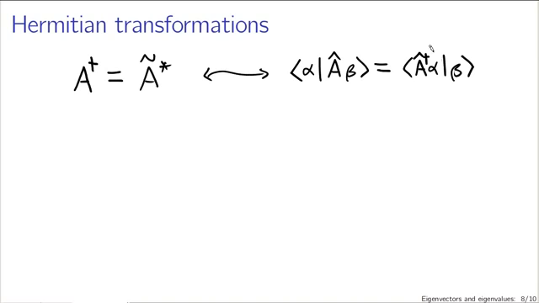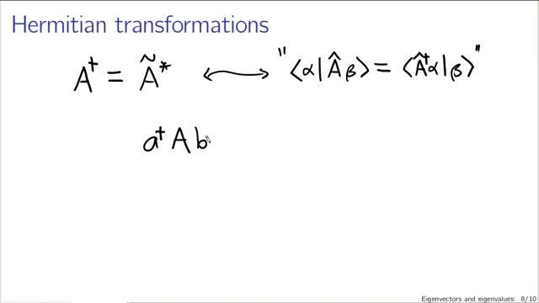So in terms of matrices, you can think about this sort of inner product, which is really poor notation because this A hat beta ket is not necessarily meaningful. You have to think about A hat, the transformation acting on the vector beta. But what this actually ends up looking like in terms of matrices, if we express something in a basis, we have the bra alpha, which let's just write as A dagger. And then we have some matrix, and I'll use capital A, representing our transformation, A hat.